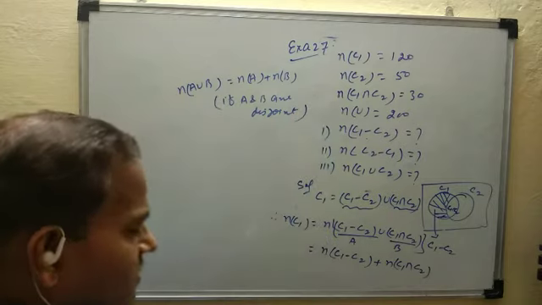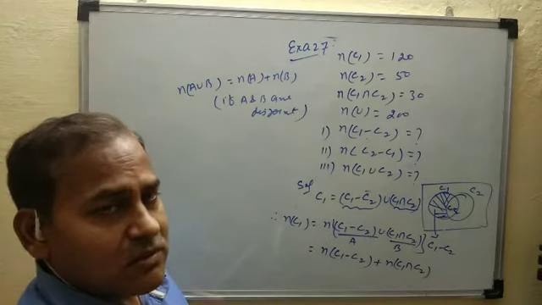Disjoint means there is no common element between the two sets.